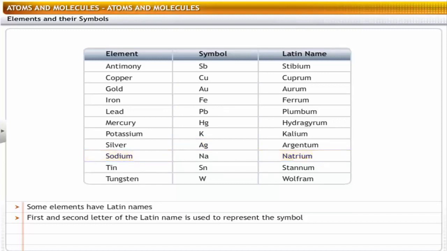Natrium is the Latin name of sodium, and is represented as Na. The Latin name of tin is stannum, and the symbol is Sn. Wolfram is the Latin name of tungsten, and it is represented as W.